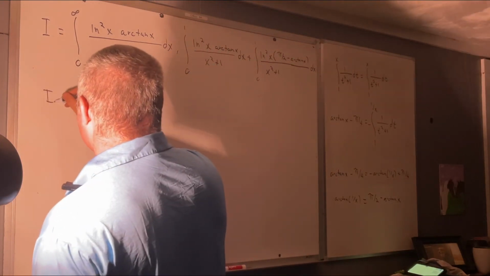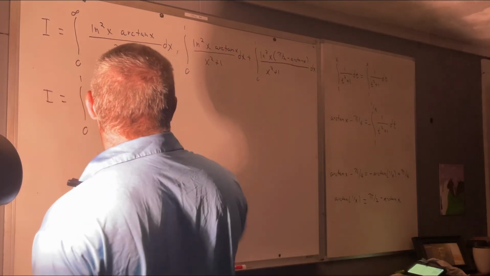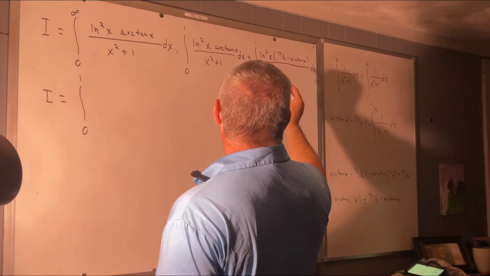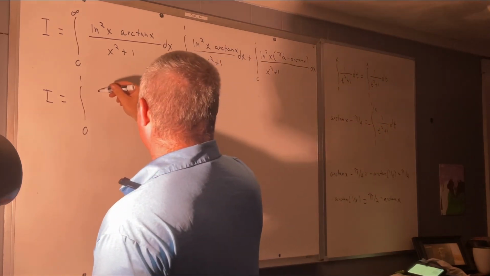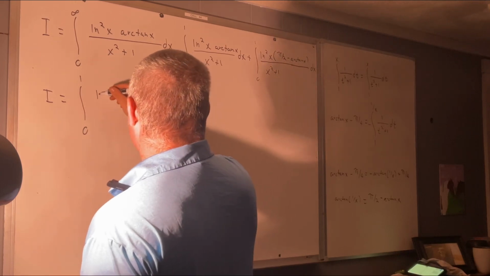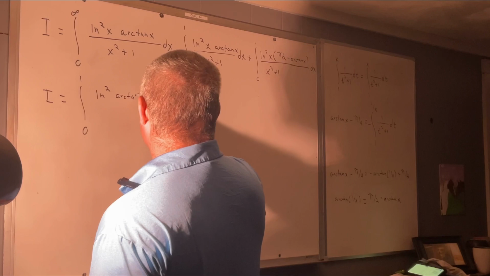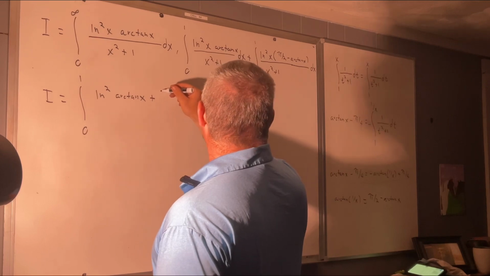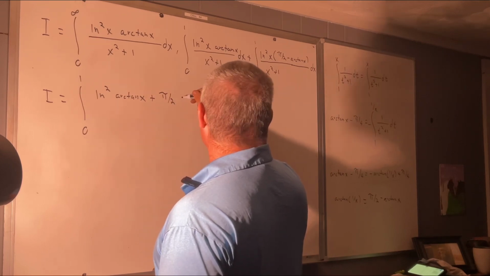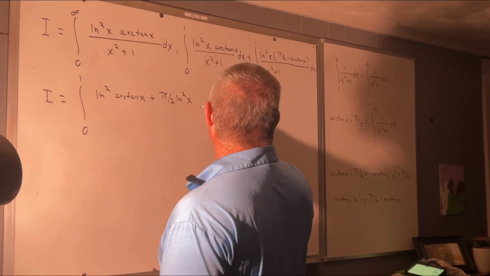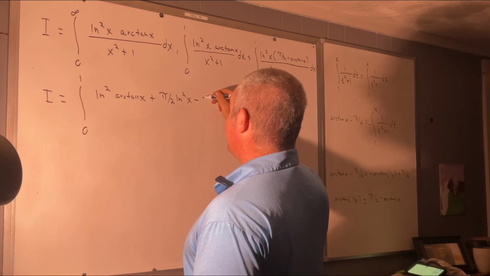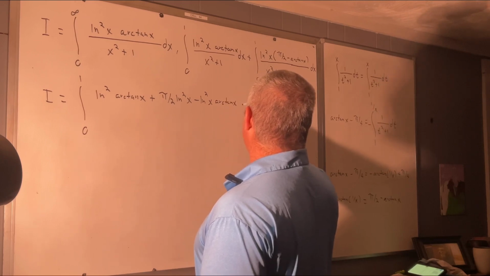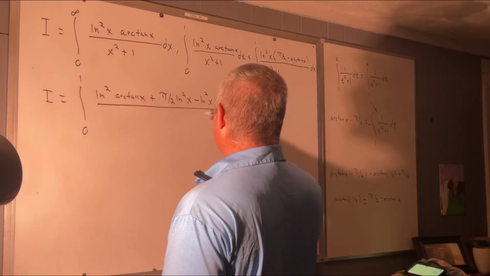Now we can see pretty clearly that I is equal to the integral from 0 to 1 of, well, let's see, in the numerator, we're going to have natural log squared x arctangent x plus pi over 2 natural log squared x minus natural log squared x arctangent x, and then we have the same denominator.